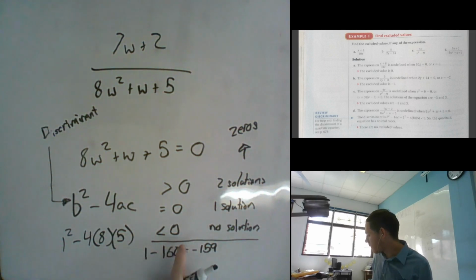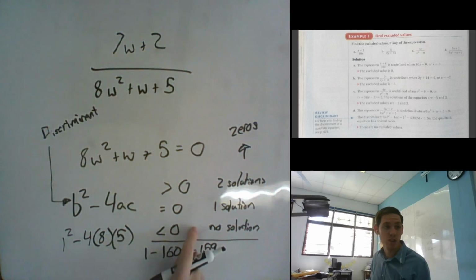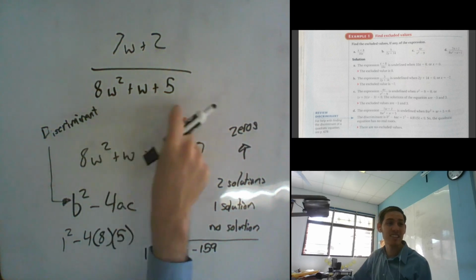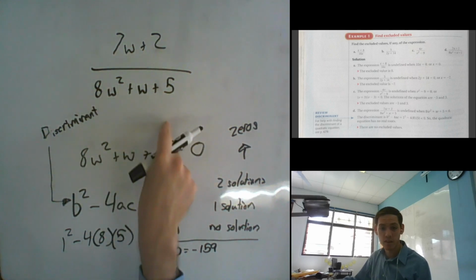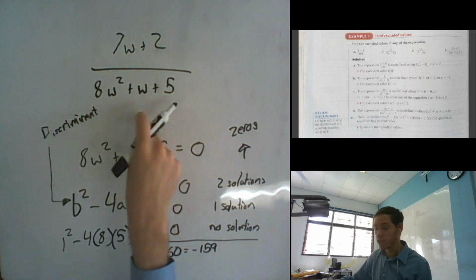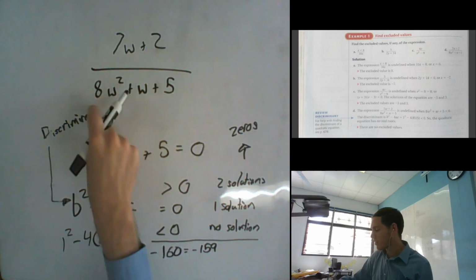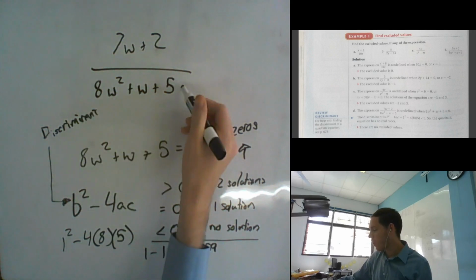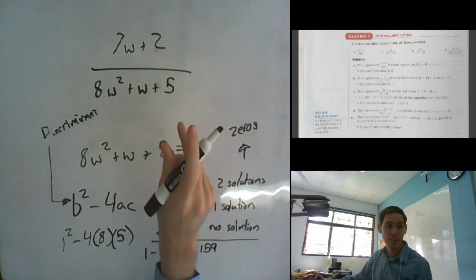So, plug it in, we get a negative number. That means there's no solution. What no solution means is that this denominator is never going to equal 0. Okay? No real roots means there's no 0 here. So this is always going to be a different number besides 0.